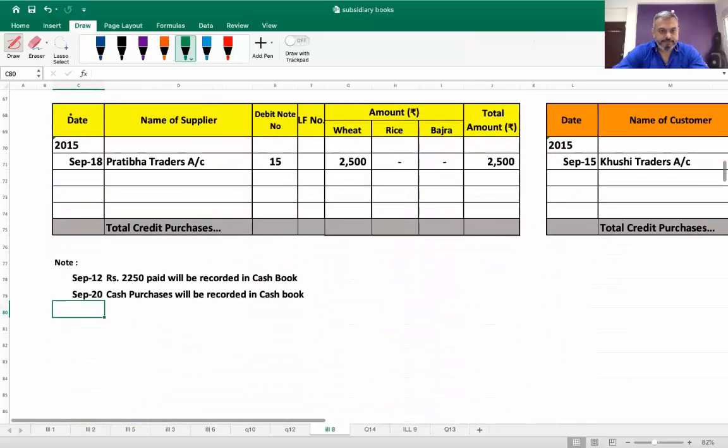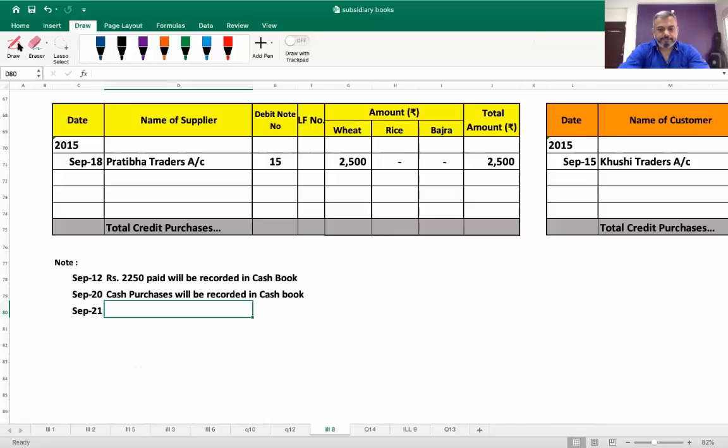21. Purchase return for cash will be recorded in cash book. Cash book is the next chapter, which we are going to do in our next lecture.